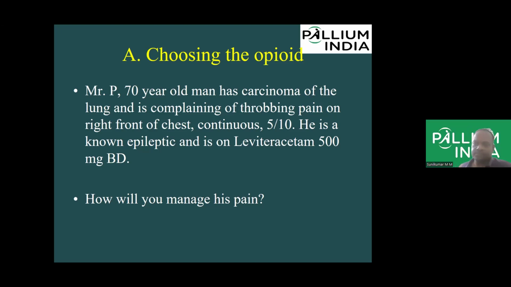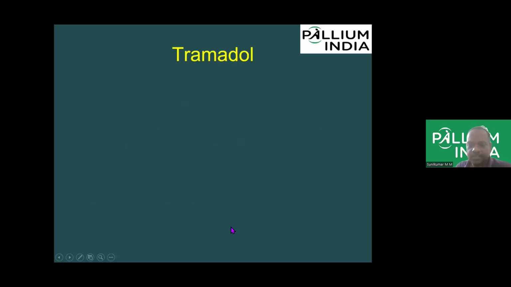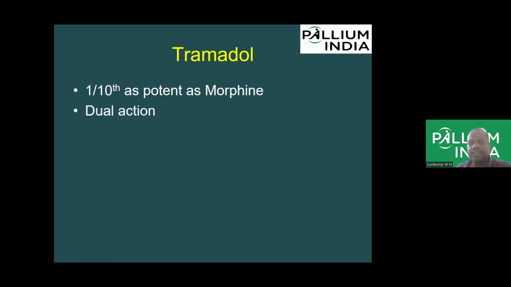Okay. So regarding tramadol, a few points that you have to notice: it is less potent than morphine. It is 1/10 as potent as morphine. That means 50 milligram of tramadol would be equivalent to 5 milligram of morphine, 50 divided by 10. And it has a dual mechanism of action.